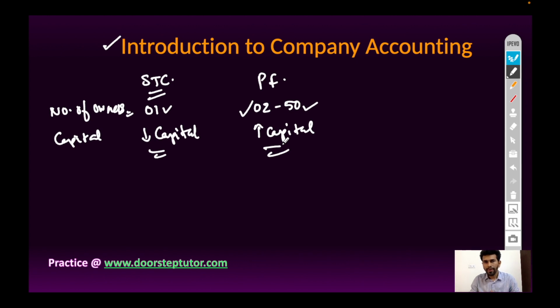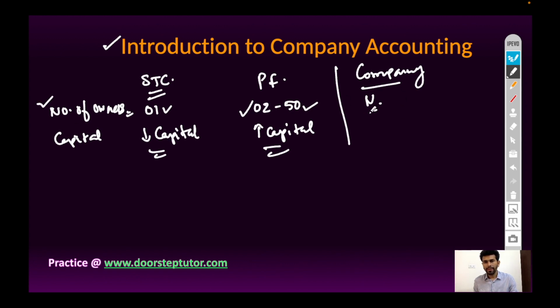But due to the industrial revolution, the requirement emerged to run a business organization on a larger scale. So company form of organization came into existence, and there are n number of members allowed in company form of business.